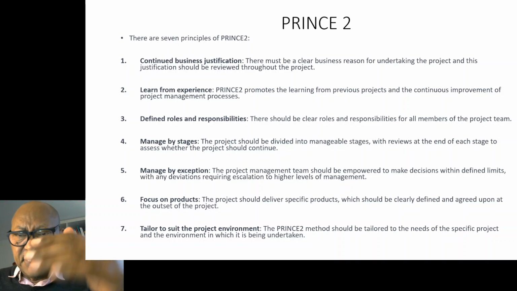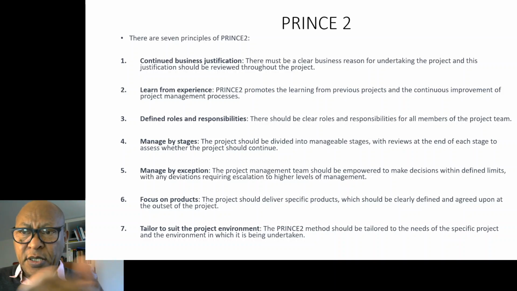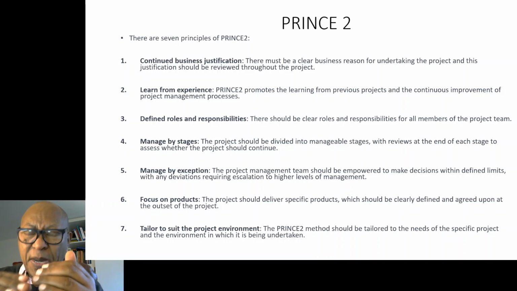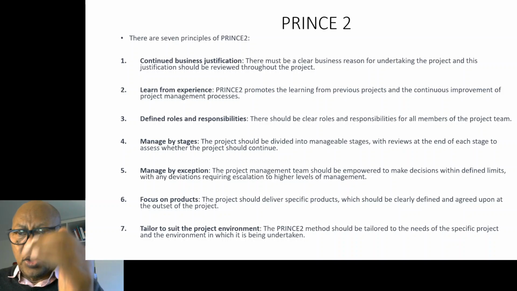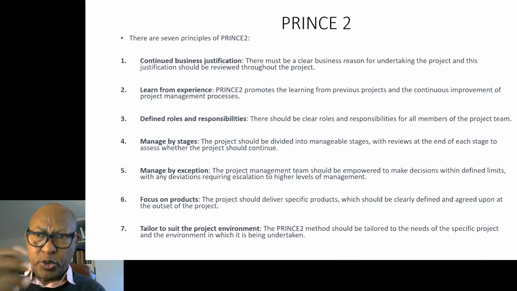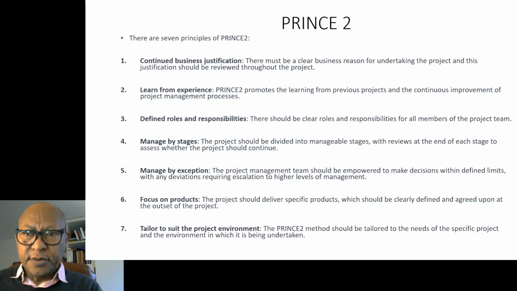If this happens, this is the responsibility of the project manager to make a decision. If the cost exceeds by a certain amount, it is only the project board which makes a decision whether to continue the project itself. So this is managing by exception.